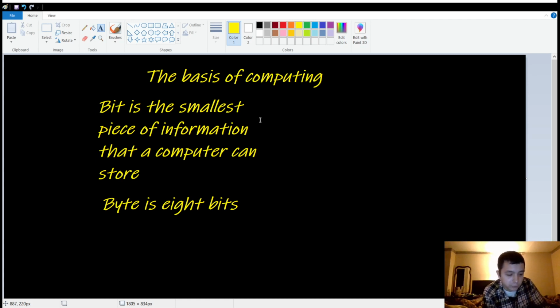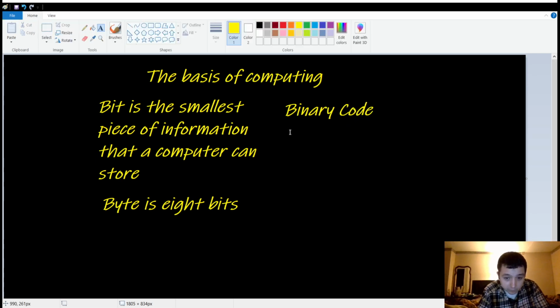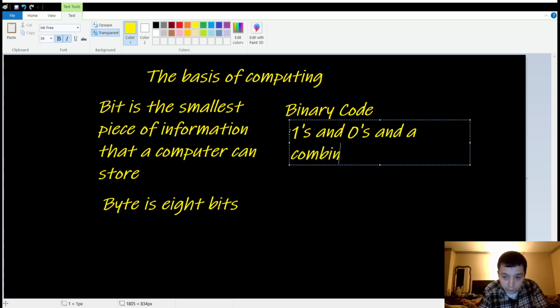Computers generally function, you probably heard a lot about binary code. Basically, what binary code is, that's ones and zeros, and a combination to convey information.